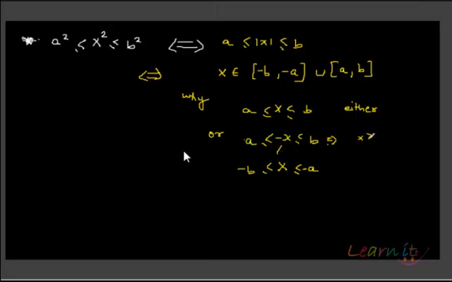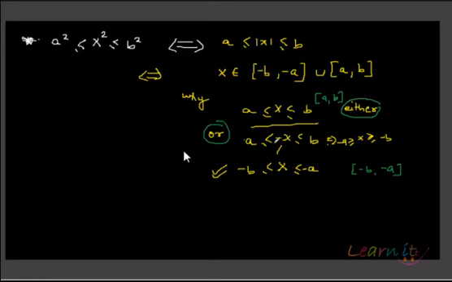So essentially this means that x is greater than or equal to minus b and x is less than or equal to minus a. So minus b and minus a become the boundary, and since it is either that case or this case, the first one gives you the closed interval a, b, because you have weaker inequality.